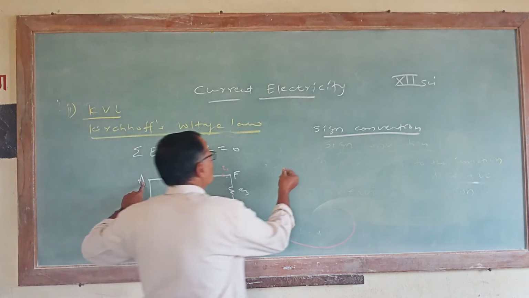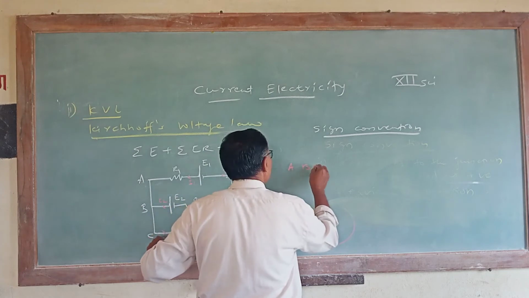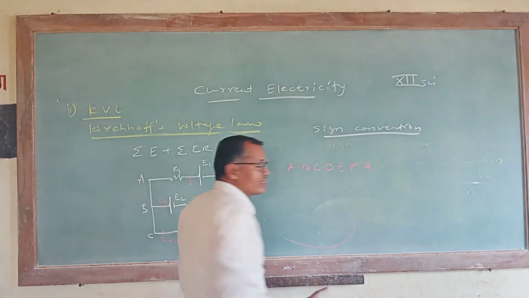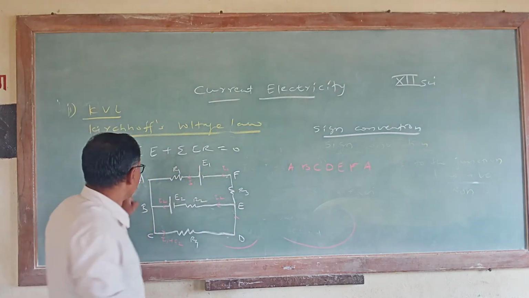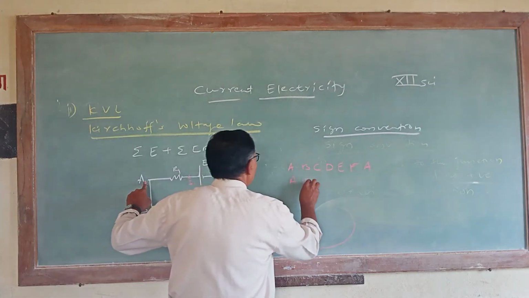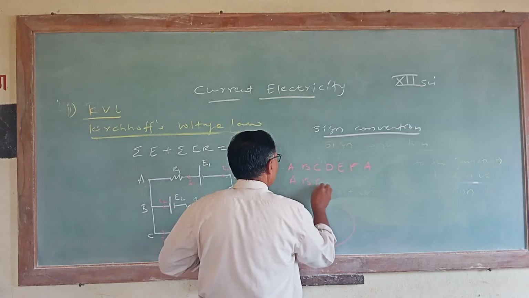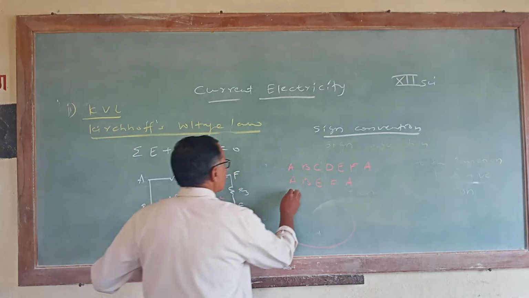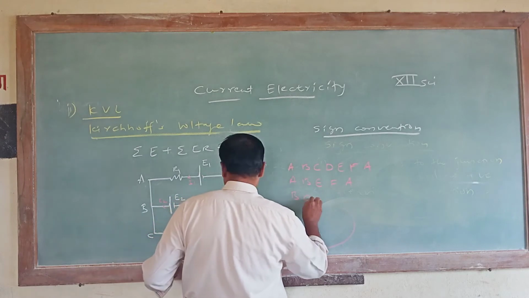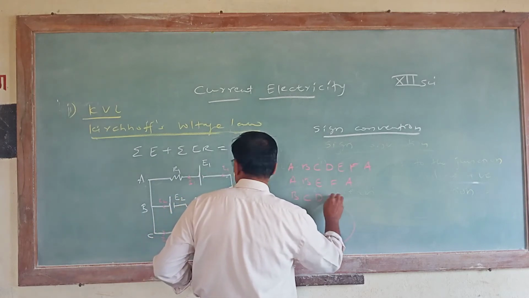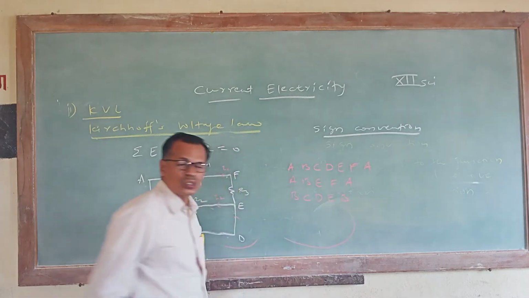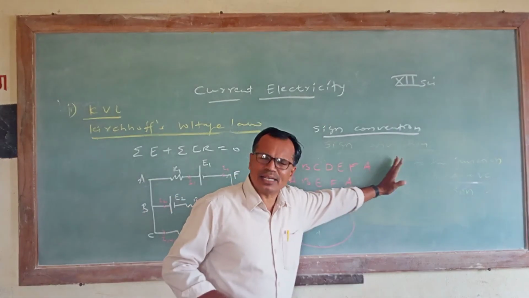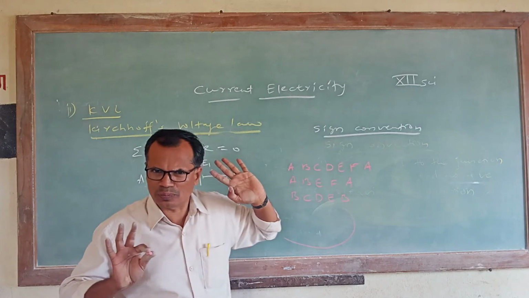The second is A, B, E, F, A. Again, B, C, D, E and B. In a closed loop, the starting point and end point are the same.